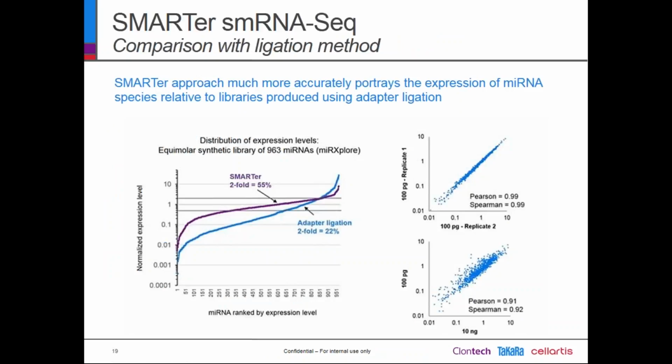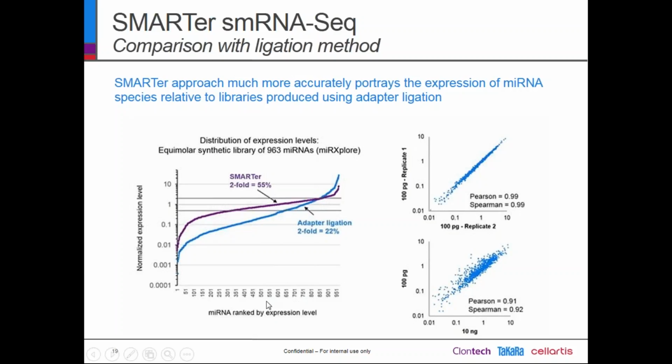So I just said that one of the issues of ligation methods is the bias issue. It means that there are some microRNAs which are ligated to adapters more efficiently than others. This is something that has been very well described, and there are publications on that. And we wanted to see how our method compared to this adapter ligation.